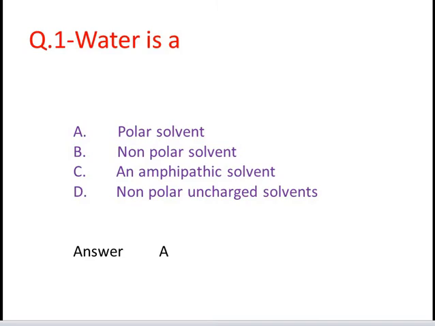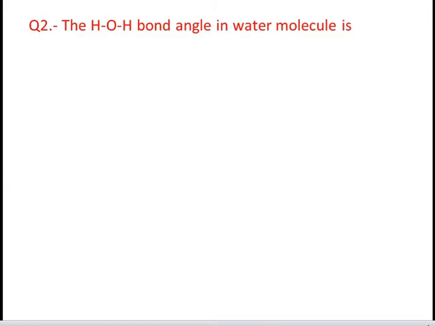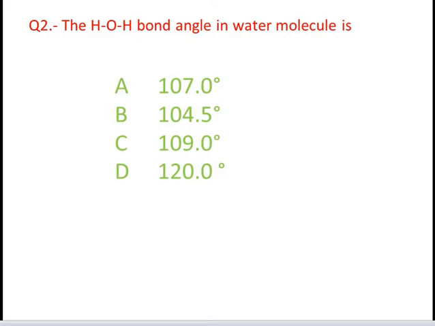So the next question is, the HOH bond angle in water molecule is. These are 4 options: A 107, B 104.5 degree, C 109 degree, and D 120 degree.